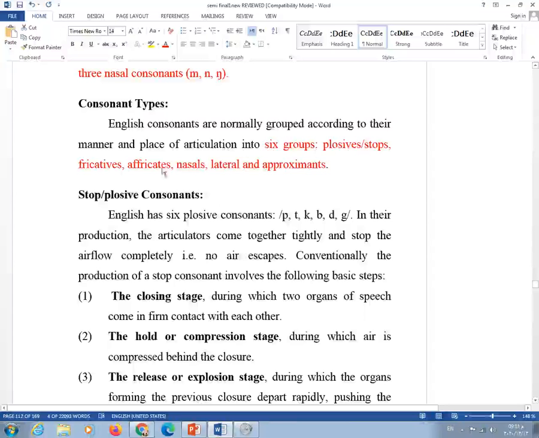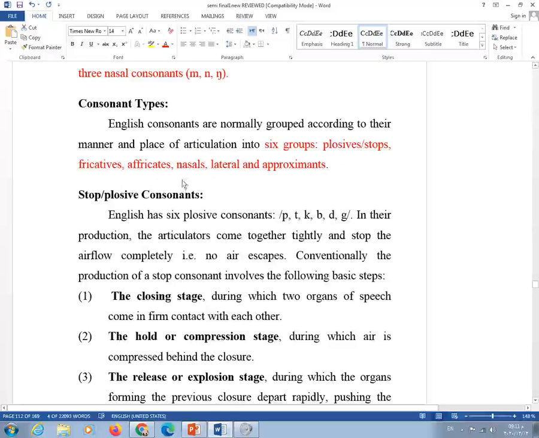Number 3, affricates. Number 4, nasals. Number 5, lateral. Number 6, approximants. So here we put the plural form; instead of saying plosives, we can say plosive consonants, and instead of saying fricative consonants, say only fricatives, and so on.